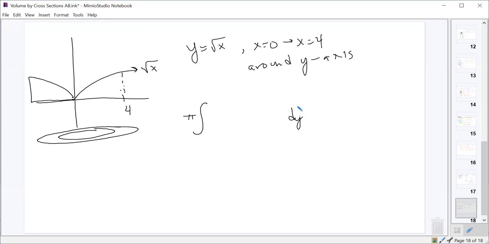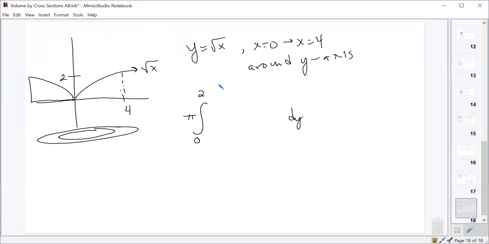What's the lowest part of my region? Zero. And what's the highest part of my region? Two.